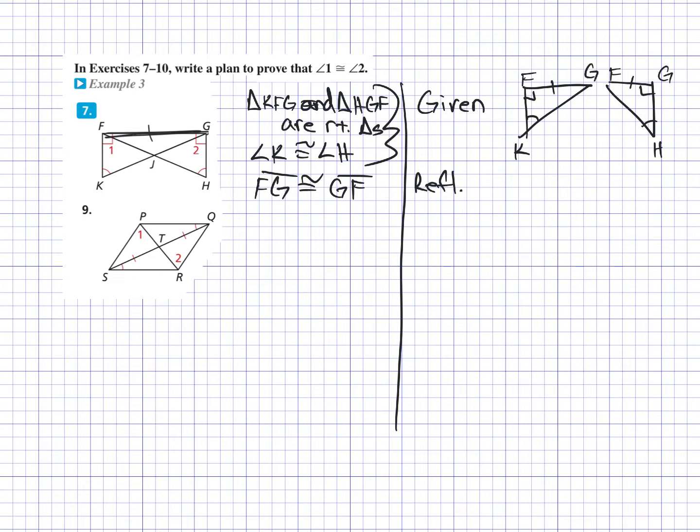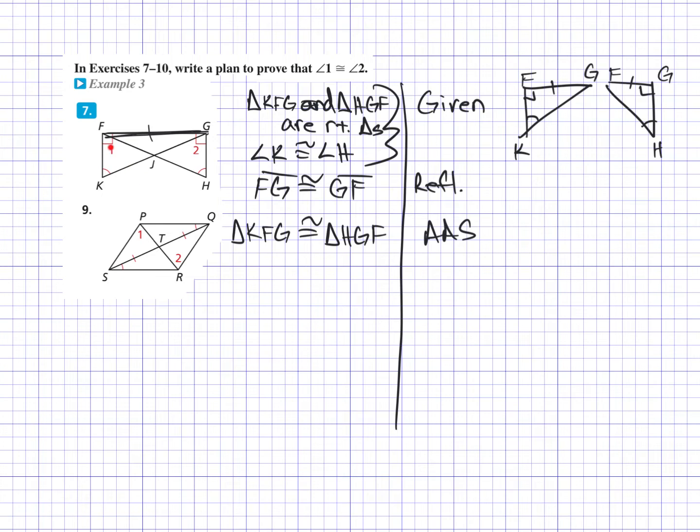Okay. And now you have triangle KFG is congruent to triangle HGF because of angle, angle, side. All right, now we're supposed to prove angle 1 and angle 2, which aren't in these two triangles here. Angle 1 and angle 2 are in these little triangles here.